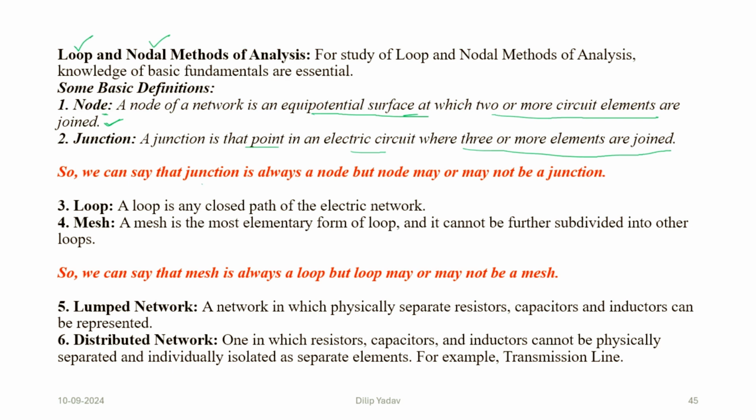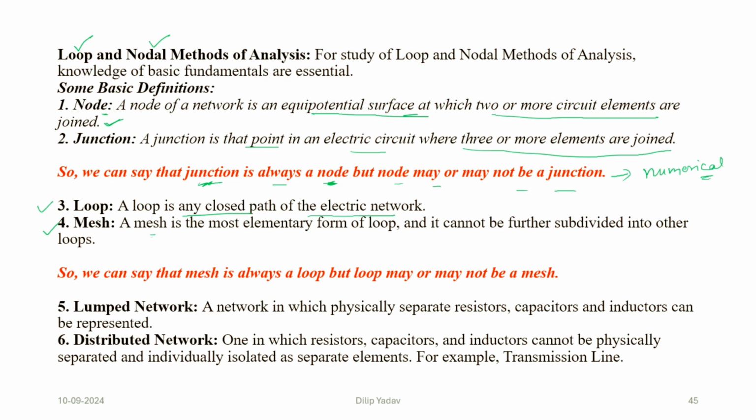So we can say that the junction is always a node, but a node may or may not be the junction. We will see this by the numerical. We will use the numerical to understand this, what is a junction, what is a node, what's the difference between them. Then we have other thing, that is a loop and the mesh. It is said that the loop is any closed path of the electric network.